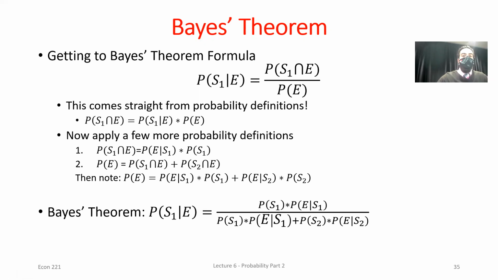Okay. Once I have that, I can plug that in for the probability of E down here. And then the intersection I can rewrite as the conditional probability times what I'm conditioning on. So we don't have to know all the math here, but basically we're starting out here, and by substituting things that we know, we can arrive at this equation. So this is what we call Bayes' theorem or Bayes' equation.